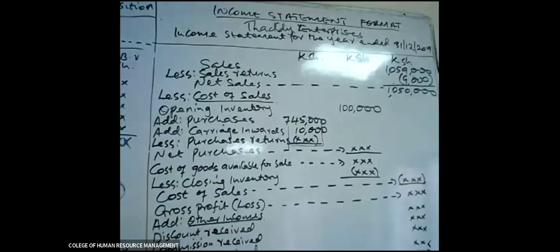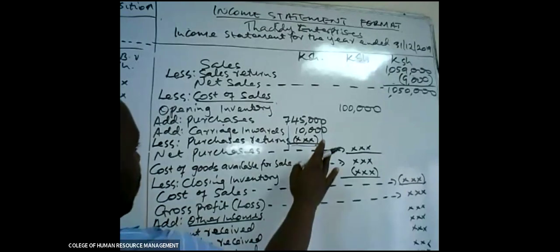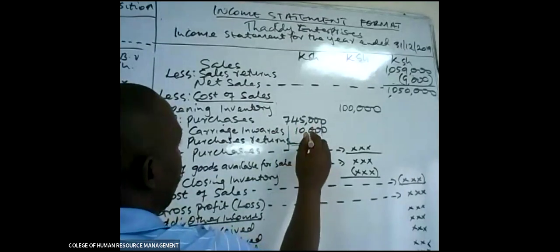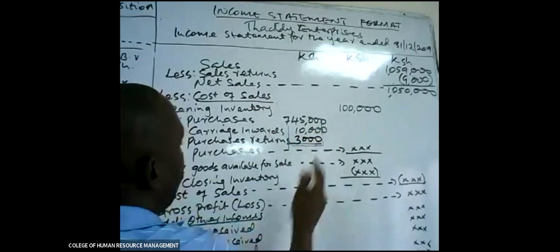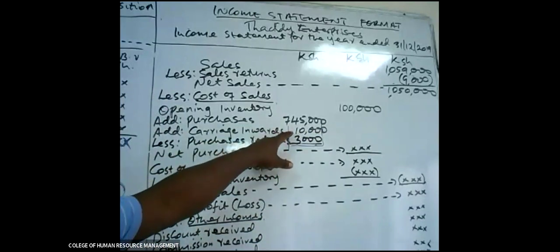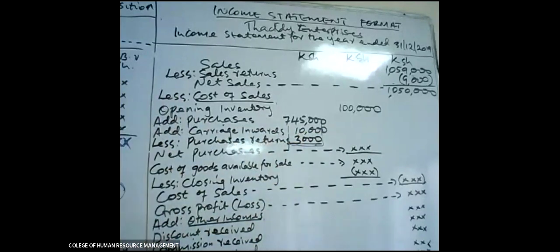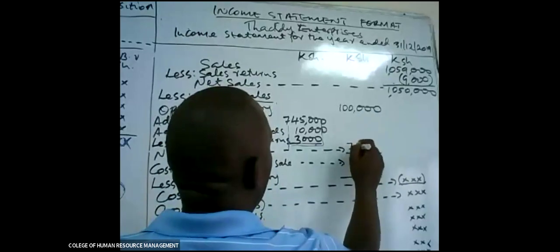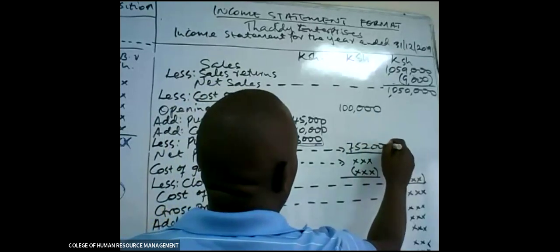Then purchases returns or return outwards, somewhere there at the mid row, 3,000. So we do this computation, 745,000 plus 10,000 minus 3,000, 752,000. That is your net purchases.